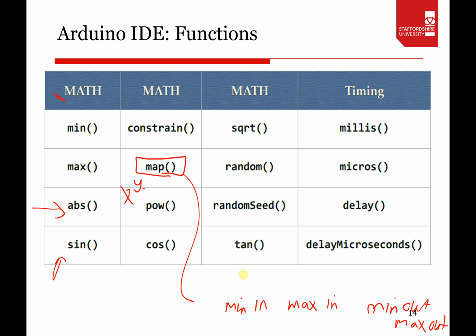So essentially it's scaling. Constrain, so you can remove decimal points. Square root, random number, random seed, milliseconds, microseconds, and delay in milliseconds.